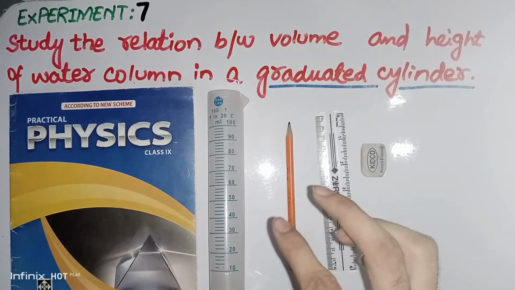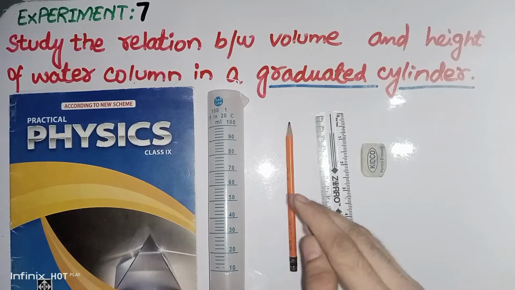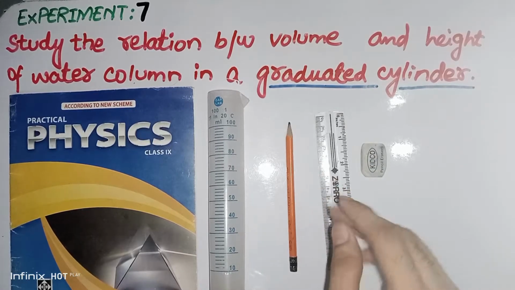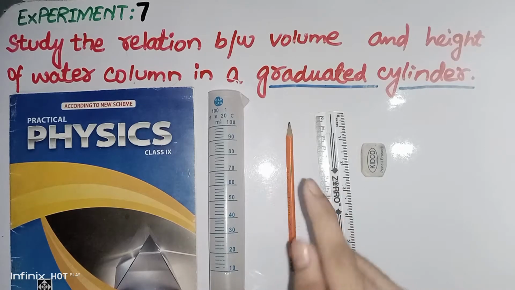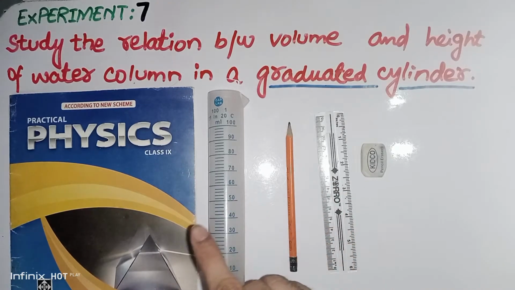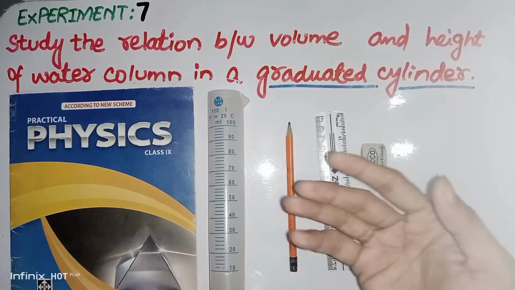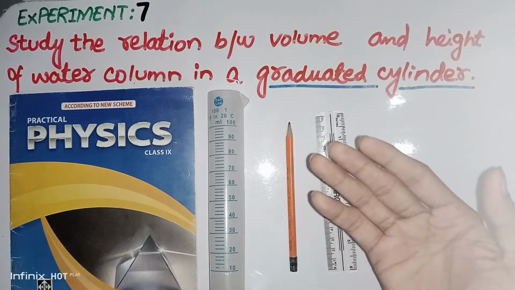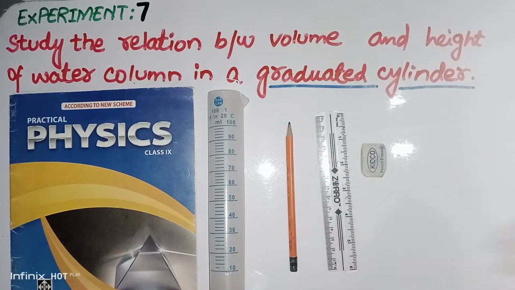According to this experiment, the relation between volume and height is constant, which means that the graph of volume and height makes a straight line. So we will determine the relation of volume and height by the experiment. Let's move ahead.